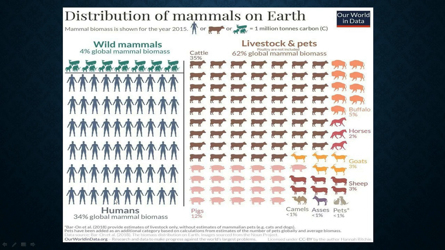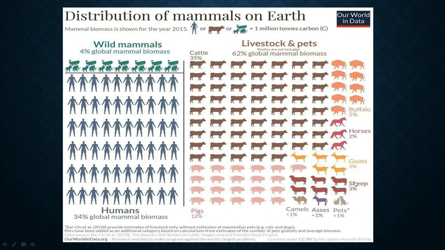Humans, about 34% of all global mammalian biomass. It's even more so today, right? We just passed 8 billion. Livestock and pets, overall 62%. They break it down: 35% cattle, 5% buffalo. I'm surprised that horse is only 2%.